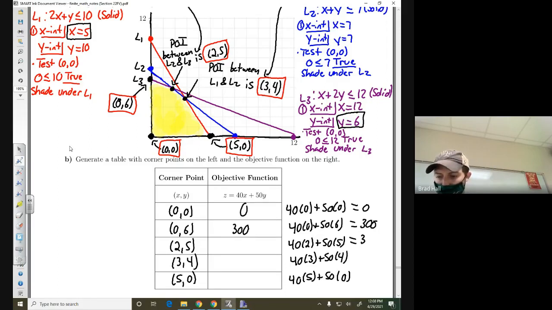Next one is, let's see, 80 plus 250, that's 330. Next one is 120 plus 200, that's 320. And the final one, 40 times 5 is 200.